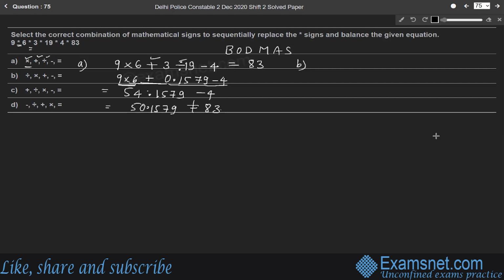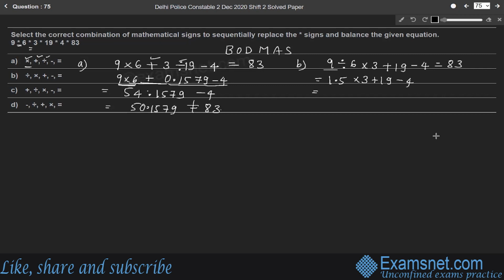Check with option B. 9 divided by 6 into 3 plus 19 minus 4 is equal to 83. So here the LHS part, 9 divided by 6 is 1.5 into 3 plus 19 minus 4.